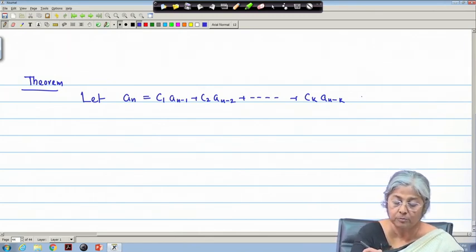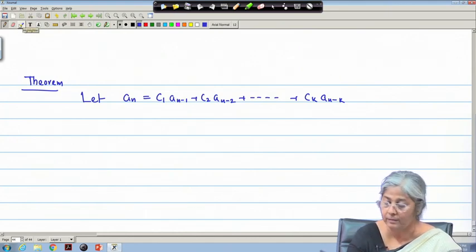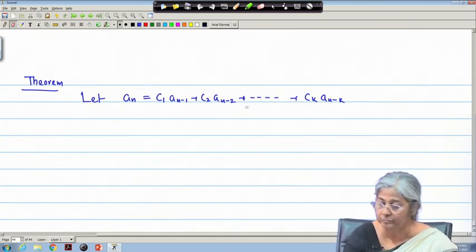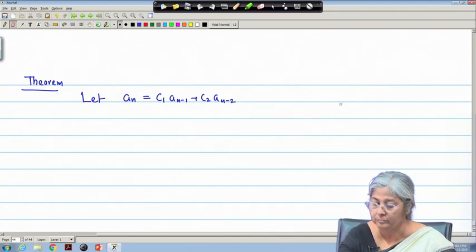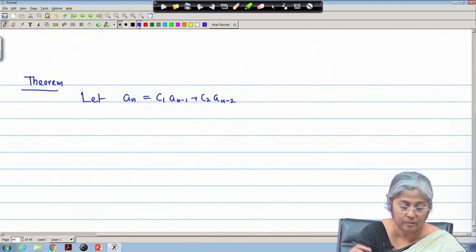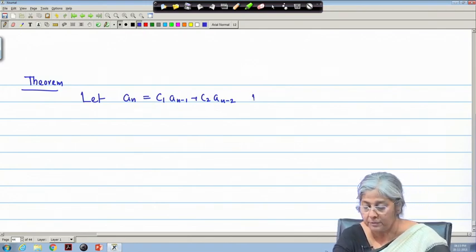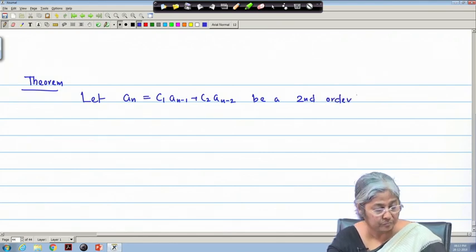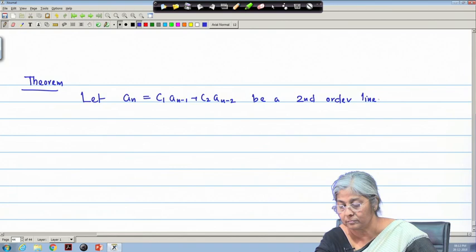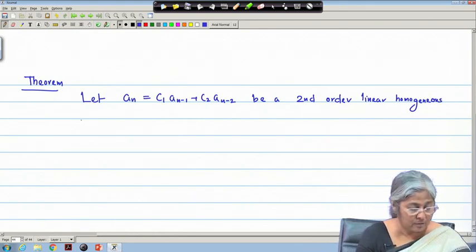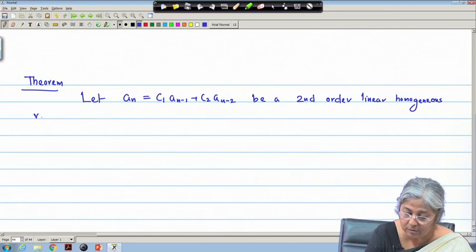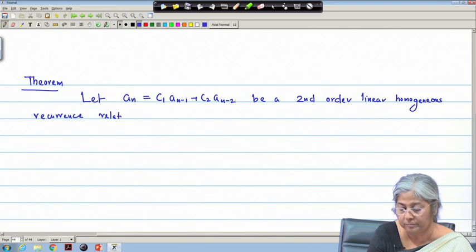We can write the statements for second order. So, let this be a second order linear homogeneous recurrence relation with constant coefficient.